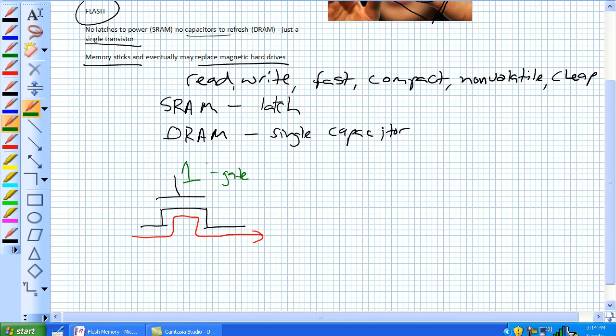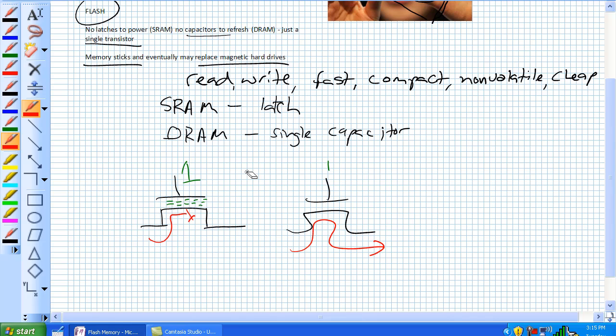So right now, let's just think about this. If this 1 is a plus voltage here, and there was already a bunch of electrons stuffed in here, you would require substantially more voltage to get it to conduct. So if there was already a bunch of electrons stuffed in there, it wouldn't conduct. Whereas if you just left it alone, it would conduct, and you're still applying that same voltage to that gate.